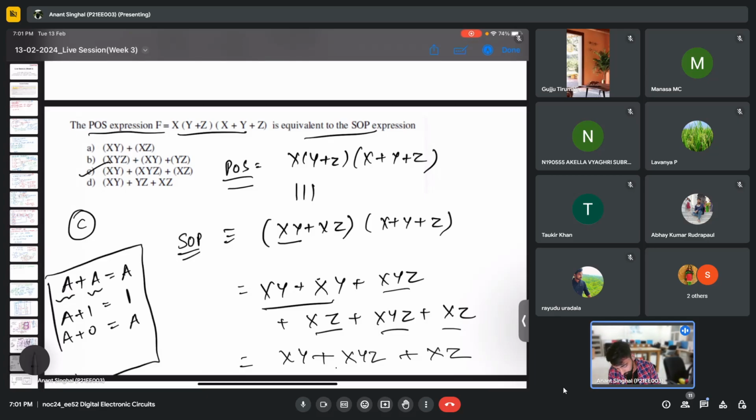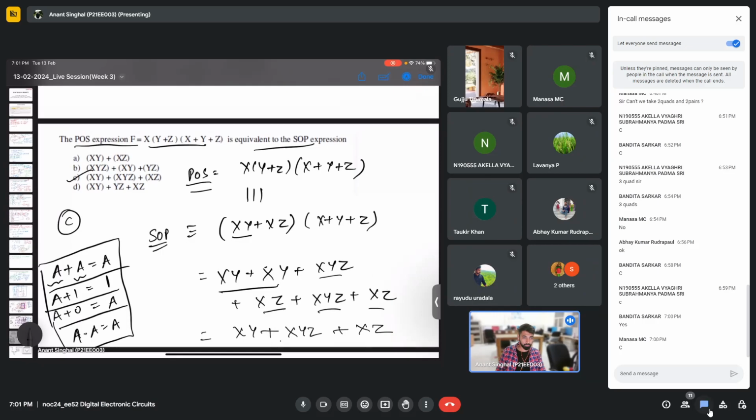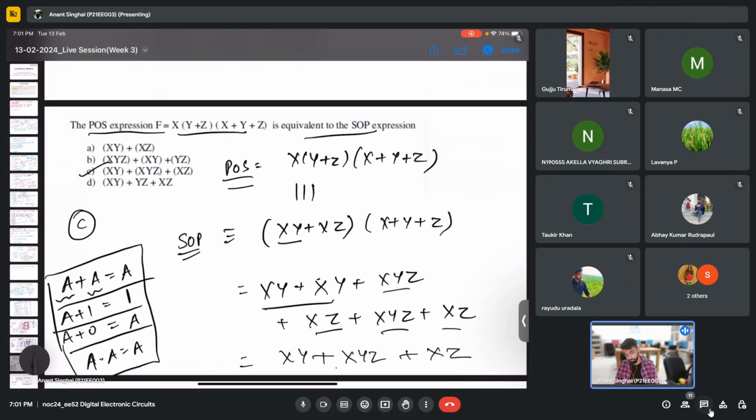If you add a variable with a 1, then 1 will be the answer. Similarly, there were several properties for AND operation. If you multiply a variable with a variable, the answer will be that variable only. You just need to apply. You can check the truth table by making these things, so you will get to know. Is there any doubt?